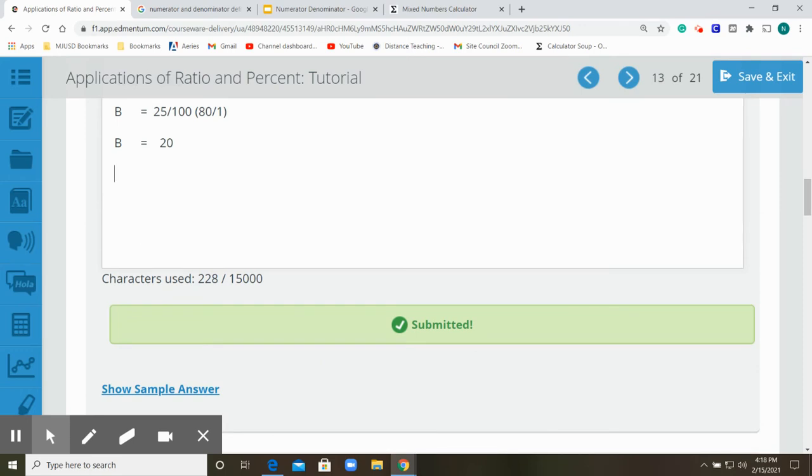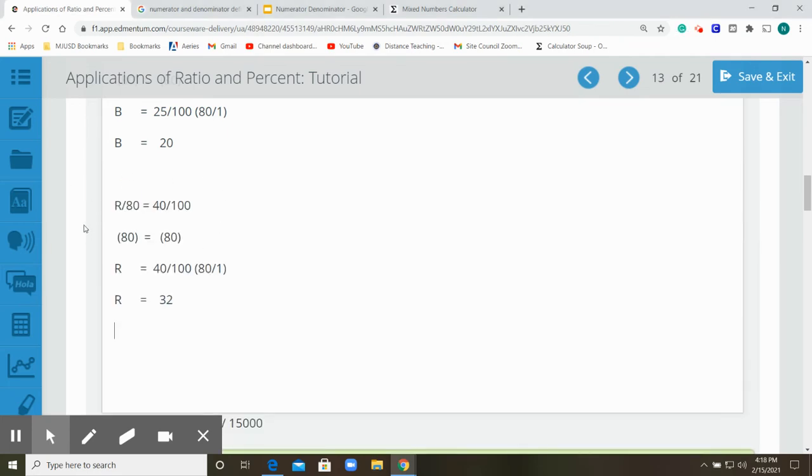Okay, then the next step is to do the exact same thing with R, with the red. And this is why scratch paper is really handy. So you do it on scratch paper and then you add it into here. So red over 80, multiply by the 80 to get rid of this, multiply it against both sides.